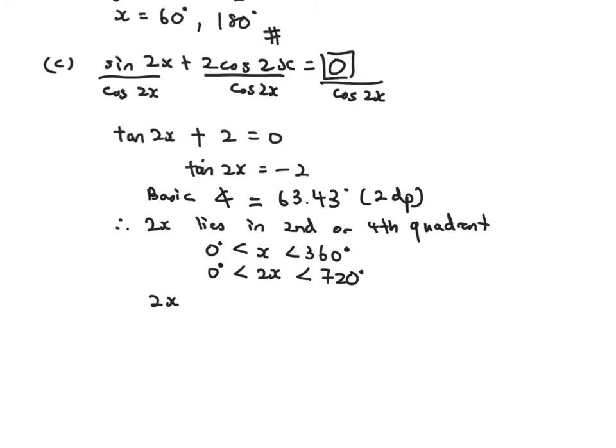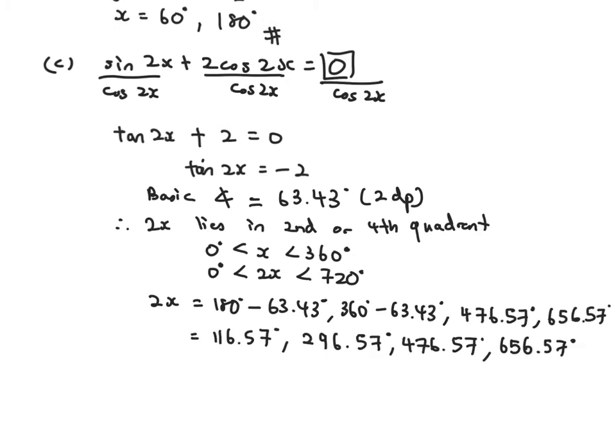So the second quadrant angle will be 180 minus 63.43. The next quadrant angle will be 360 minus 63.43. The next two angles can be generated by taking the first angle and adding 360. Why?